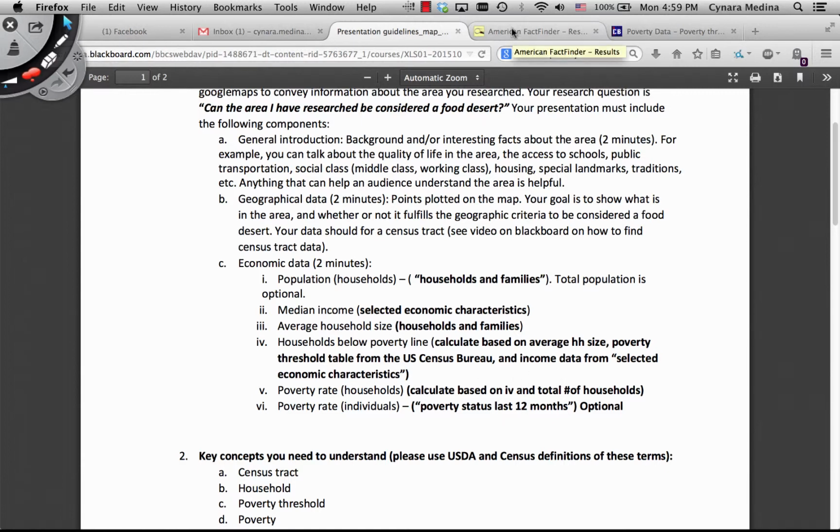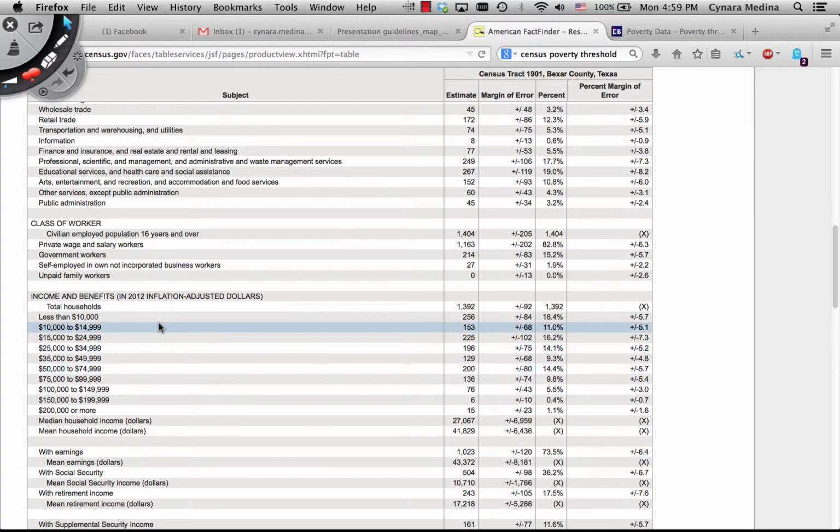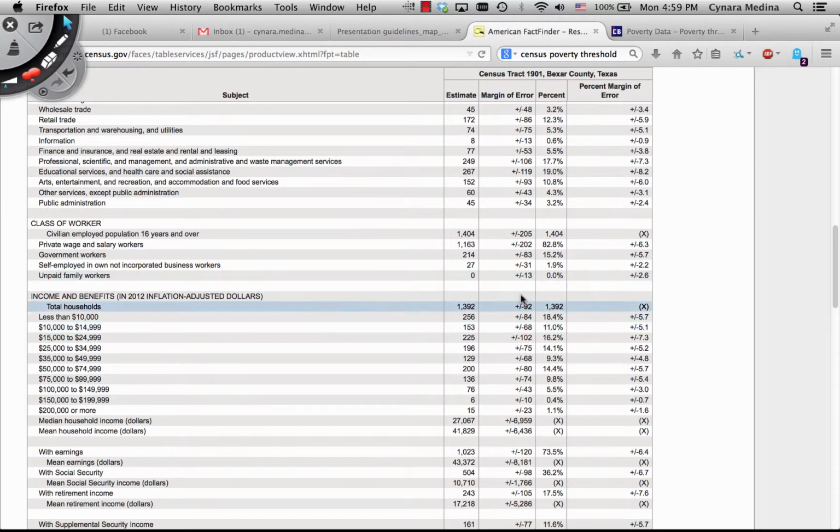Essentially, I'm asking you guys to calculate a percentage. What percentage of the population lives below the poverty line? So we said that your poverty threshold was like roughly $15,000. We know the total number of households.